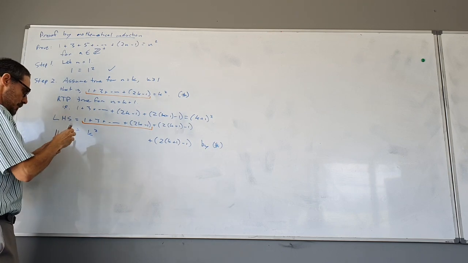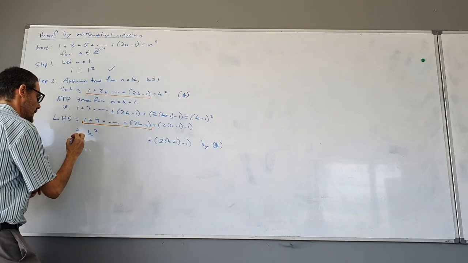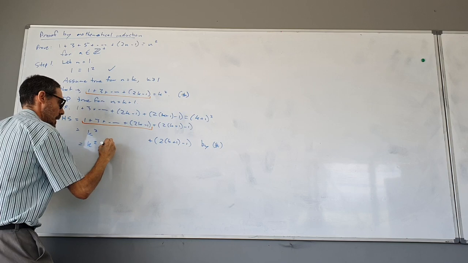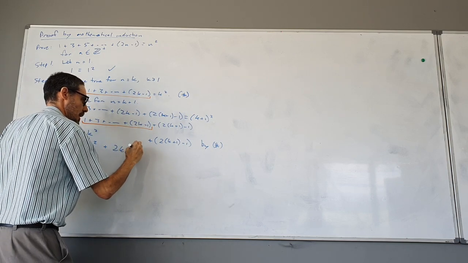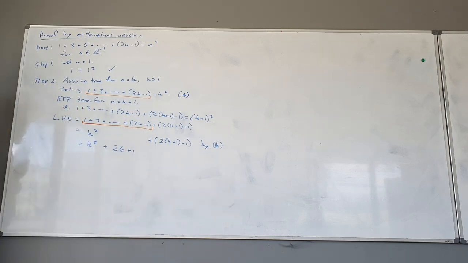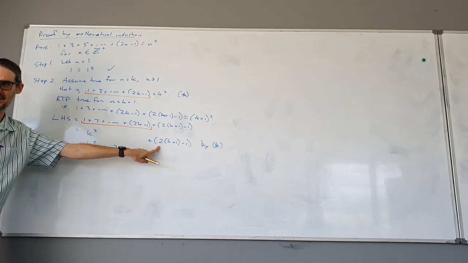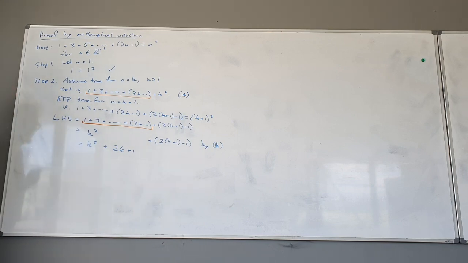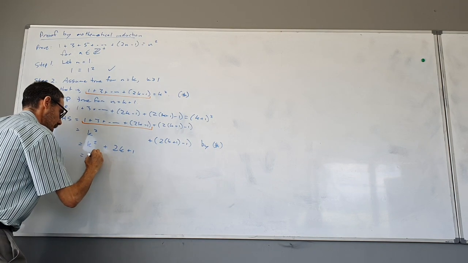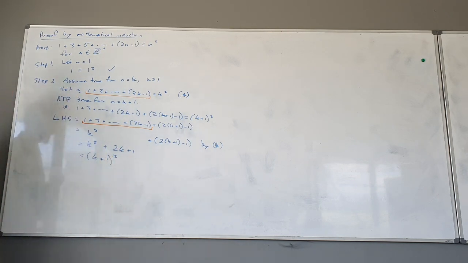Let's expand and simplify. K squared plus 2k plus 1, which is this. Oh wait a minute, that's k plus 1 squared.